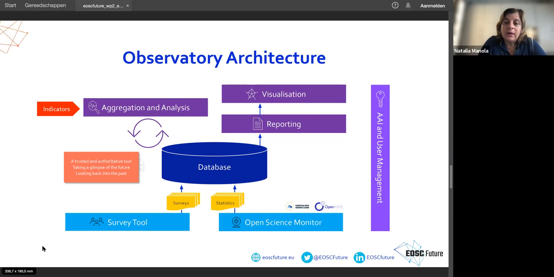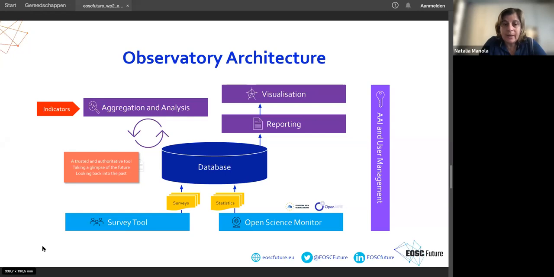And this AI and user management is very important, and we're using, of course, the EOSC AAI, because we expect that there will be many representatives, and at the end of the day, everyone should have their voice. And again, this should be structured and guided by the EOSC Association and the steering group.